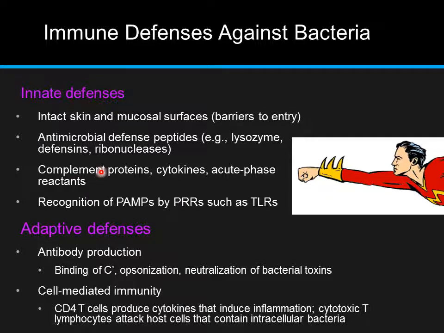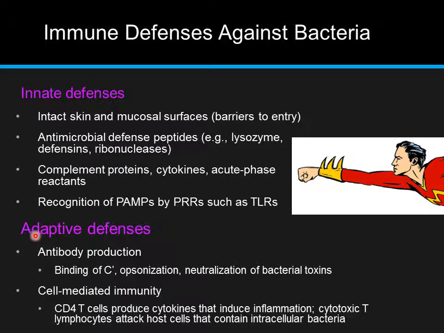Of course, we remember about the complement proteins, the cytokines, those acute phase reactants, things like C-reactive protein, etc. The recognition of the pathogen associated molecular patterns by the pattern recognition receptors, and an example of those were the toll-like receptors.